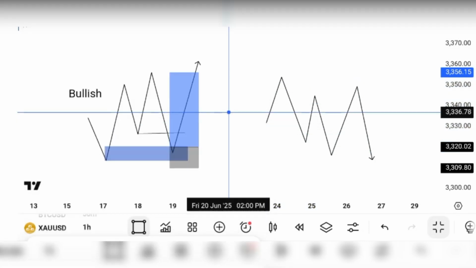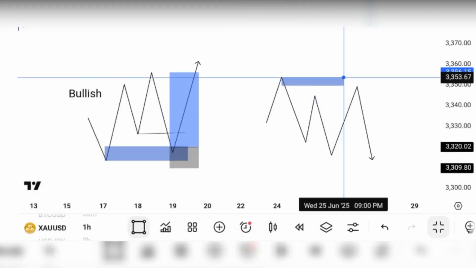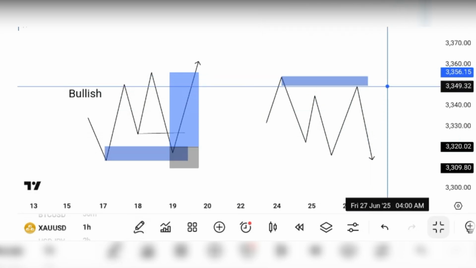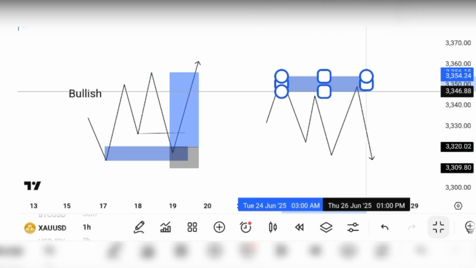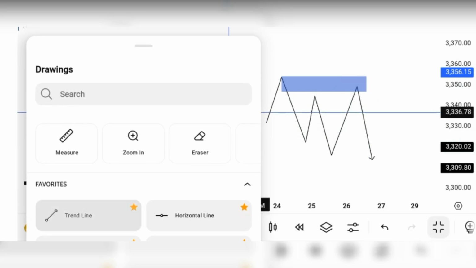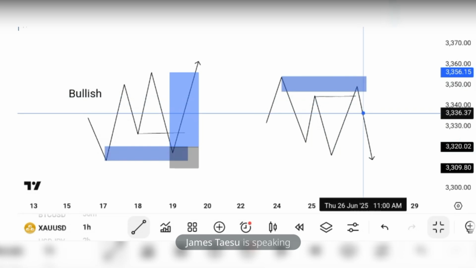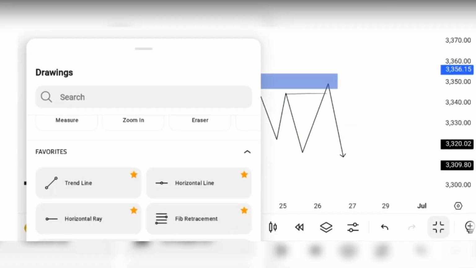So then you mark out your order block, right up there. Once you mark your order block, then your liquidity, and then what next?